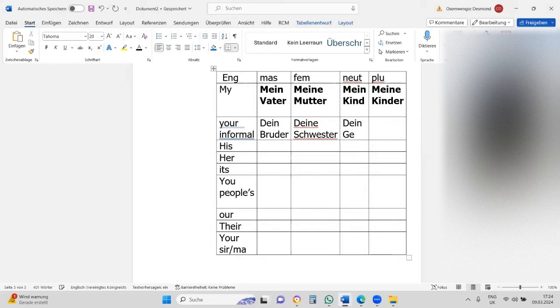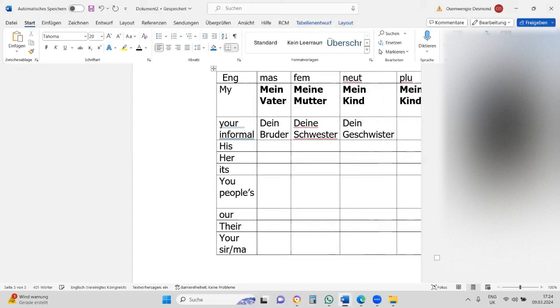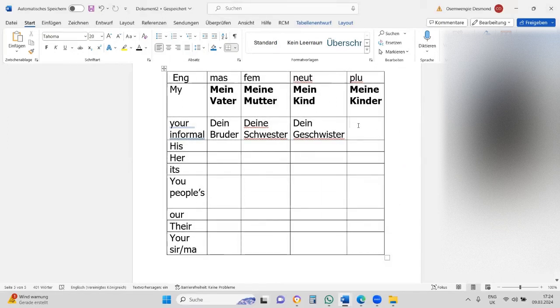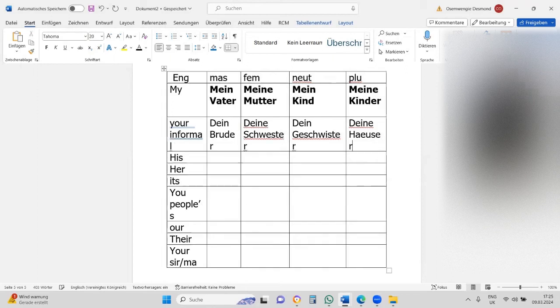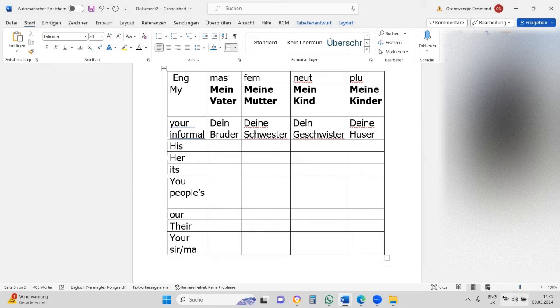For your neutral nouns, let me use a new word for you. Dein Geschwister, your siblings. Geschwister means siblings. And then deine Häuser, which means your houses. I taught you that when we have the umlaut form, the triple vowels, Häuser is plural.